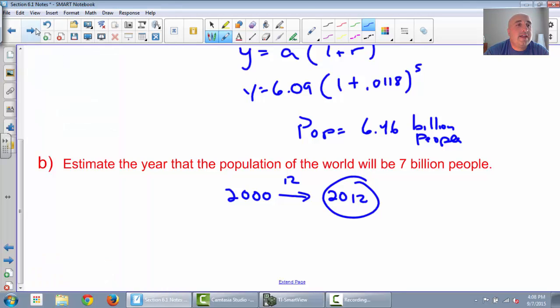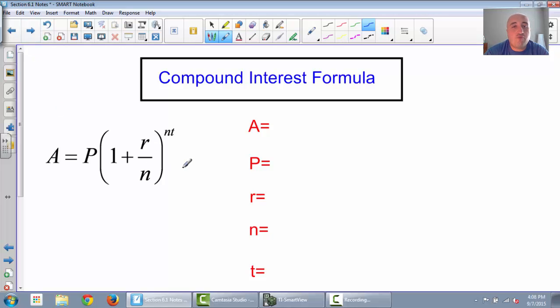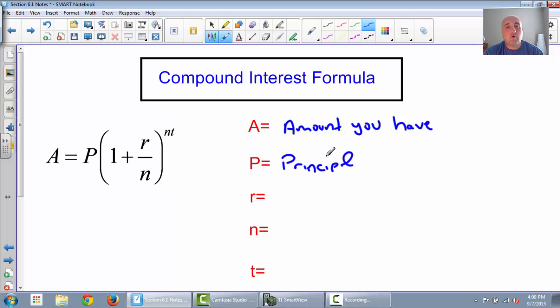Okay. And last but not least, we have one more formula that we need to talk about. This is called the compound interest formula. If you have a bank account, this is the formula that they use to give you your interest. It's a nice big formula, lots of different letters. A is the amount of money you have. Capital P is your principal, or original investment.